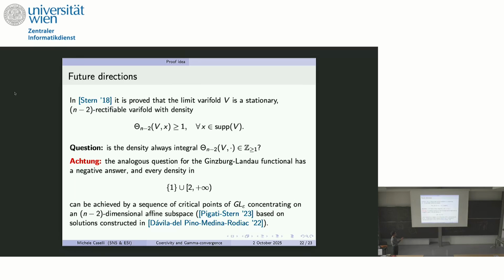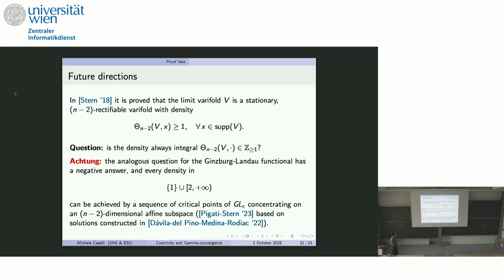But you can realize every density in 1 union 2 to plus infinity. Okay. And even with sequences, so this is not something about the limit being supported on a bad set. They construct such sequences where the Ginzburg-Landau energy density concentrates on an n-2 dimensional affine subspace. So in R3, they build sequences that concentrate on a line with basically arbitrary density. Okay. So in this business of codimension 2, the integrality of the varifold is not given.